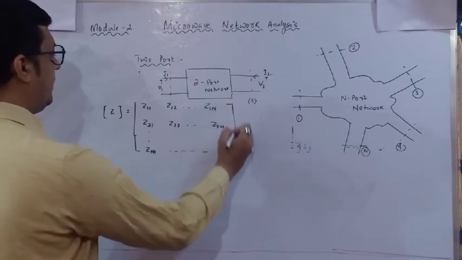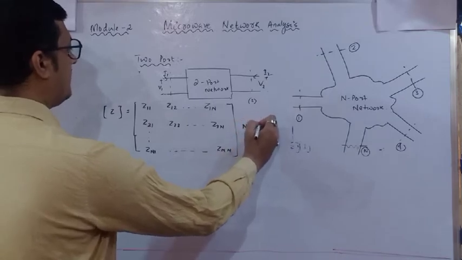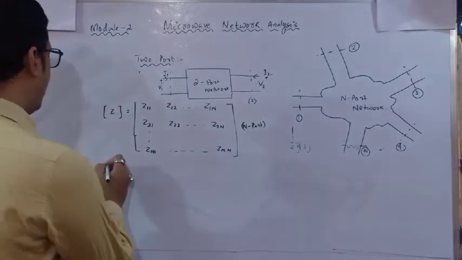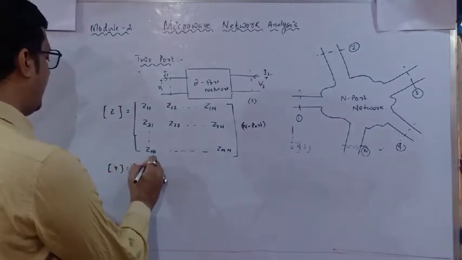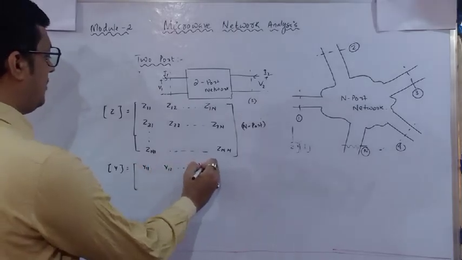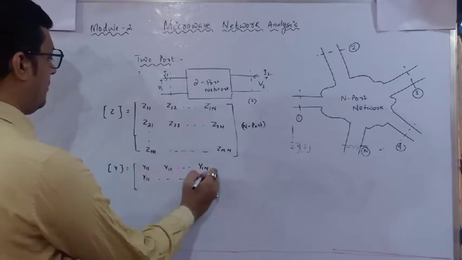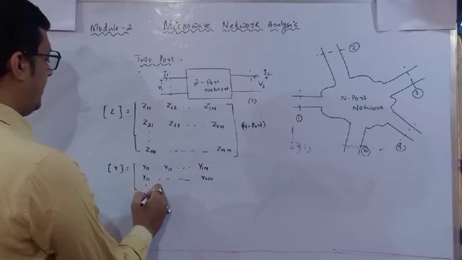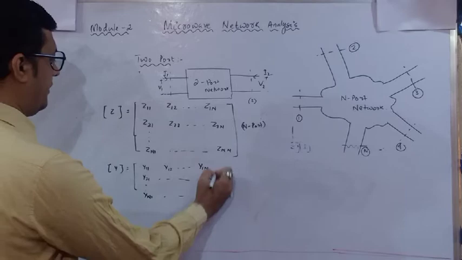So this is the impedance matrix for nth port. Okay. Similarly, the admittance matrix for nth port you can write as Y11, Y12 dot dot Y1n, Y21 dot dot Y2n dot dot Yn1 and here it is Ynn.